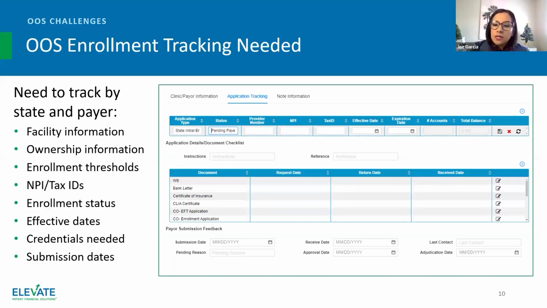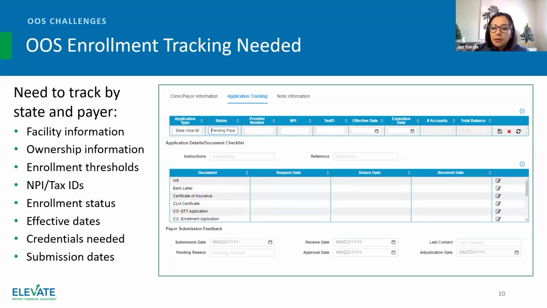The other important thing is when those particular enrollments are going to expire. Some payers will allow you to just send in a simple form that says, yes, I want to continue to be enrolled with your state. Also, some states will only allow you to start an enrollment when you have a claim, so you need to be cautious about that.